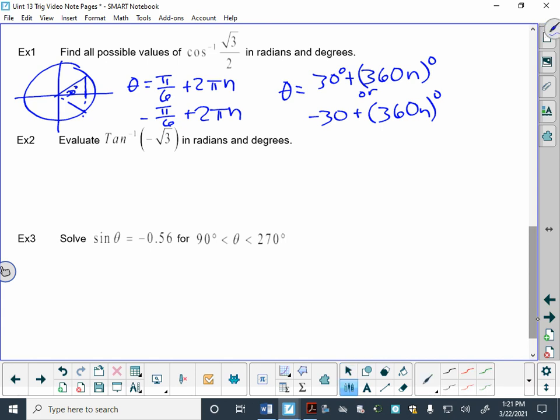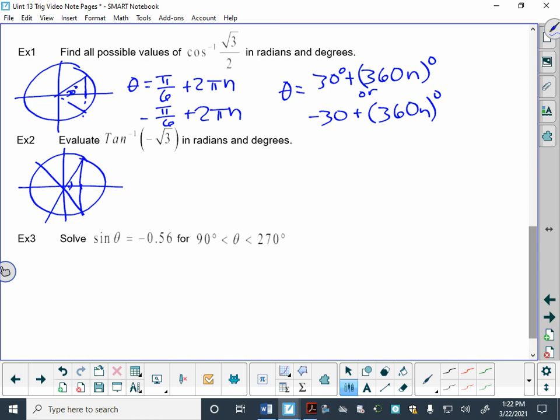Now let's take a look at that square root of 3. Sounds suspicious. I know that one. That is the steeper line that shows up here in my 30, 60, 90 triangle. So that's for the 60-degree angle would be pi over 3, but this wants it going the other direction with the negative slope.